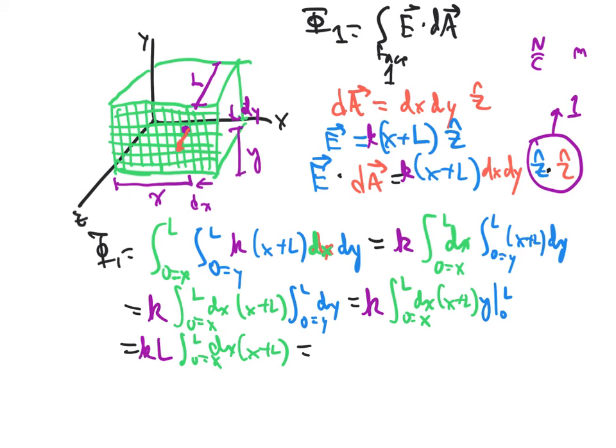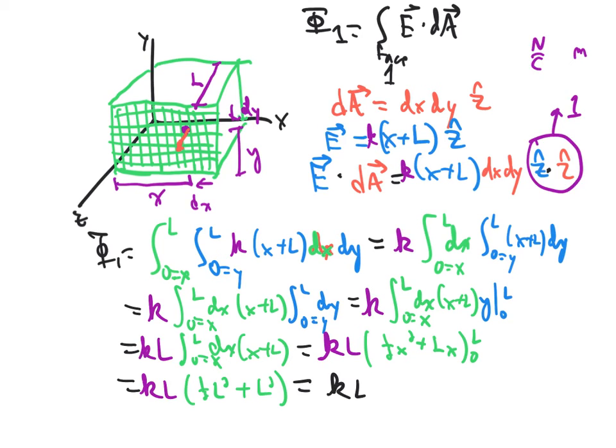When we do this integral, we get a half x squared plus Lx, all of it evaluated from 0 to L. Then we just keep grinding, and we have kL times 1/2 L squared plus L squared. All said and done, we get 3/2 kL cubed.